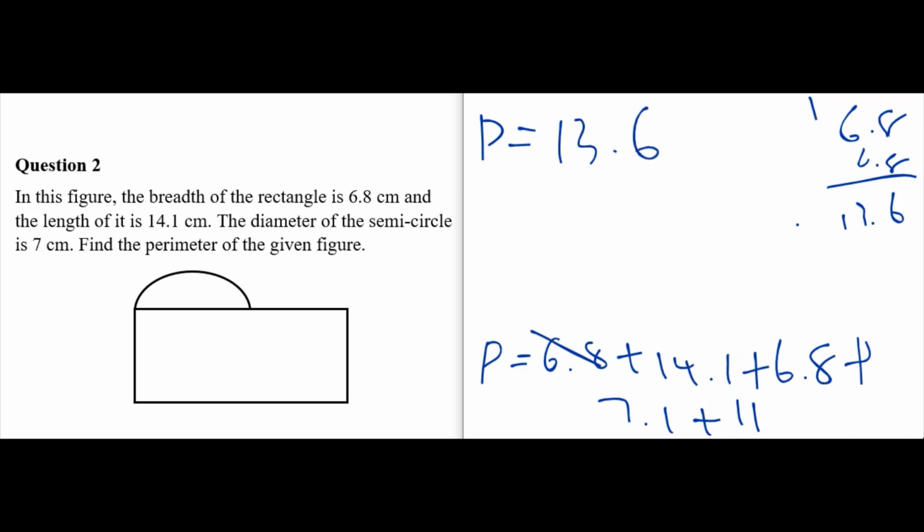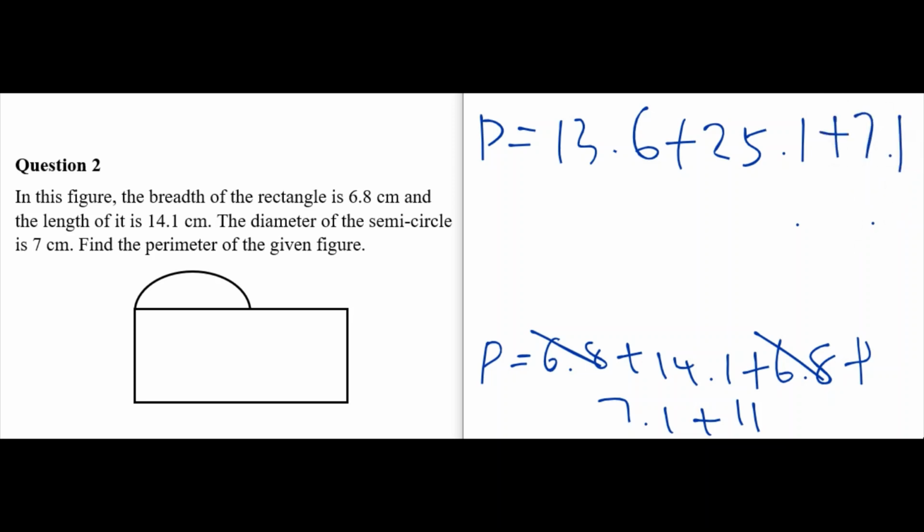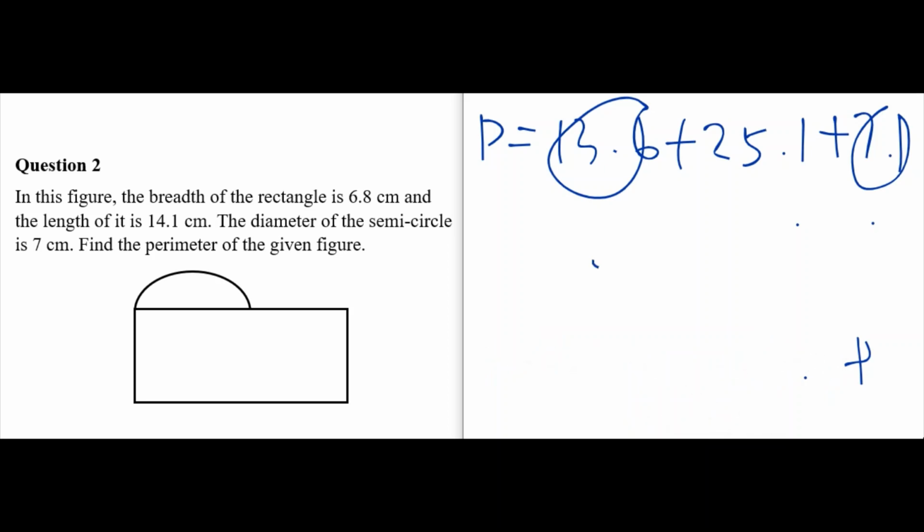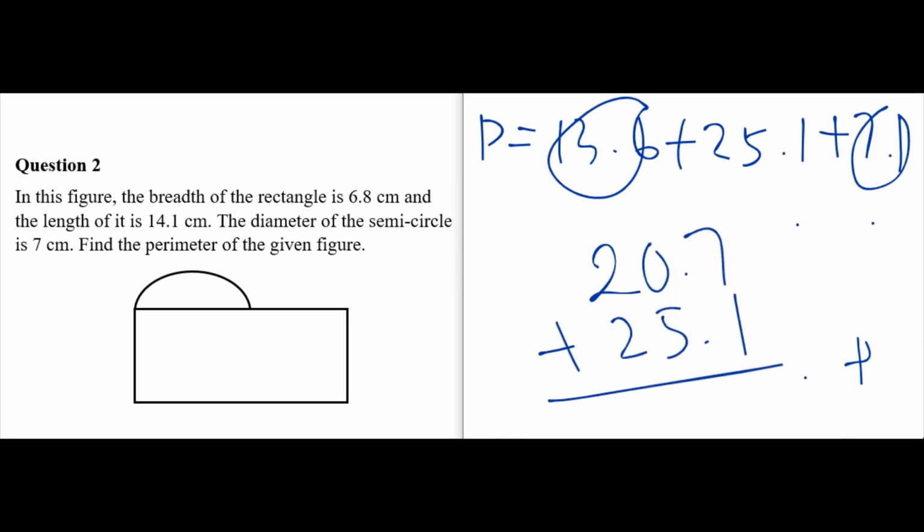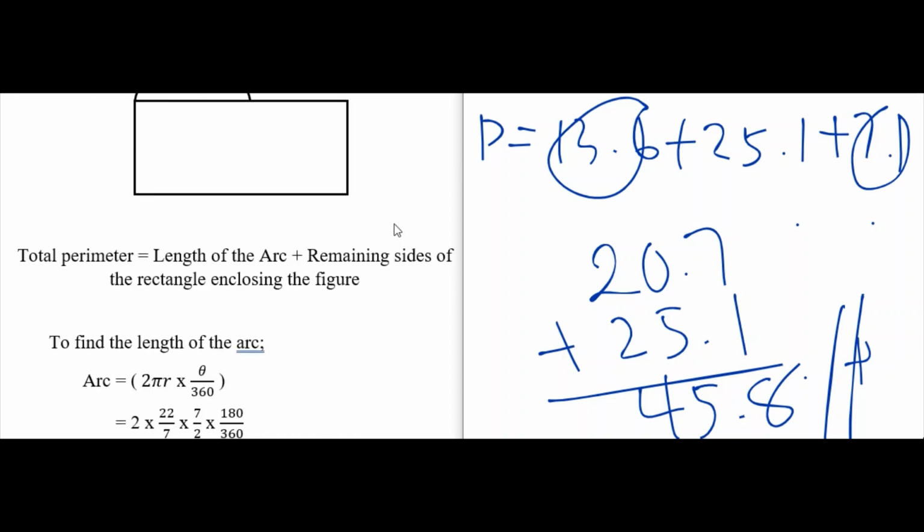Then there should be 14.1 and 11, which is going to be 25.1. And we have another 7.1 remaining over here. So 13.6 plus 7.1 would be 20.7, and 20.7 plus 25.1 is going to be 45.8. So that's the final answer we obtain.